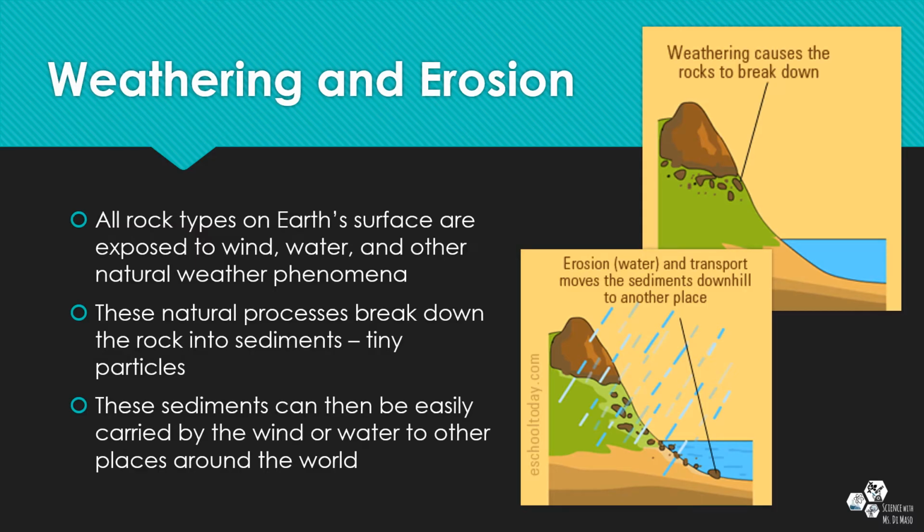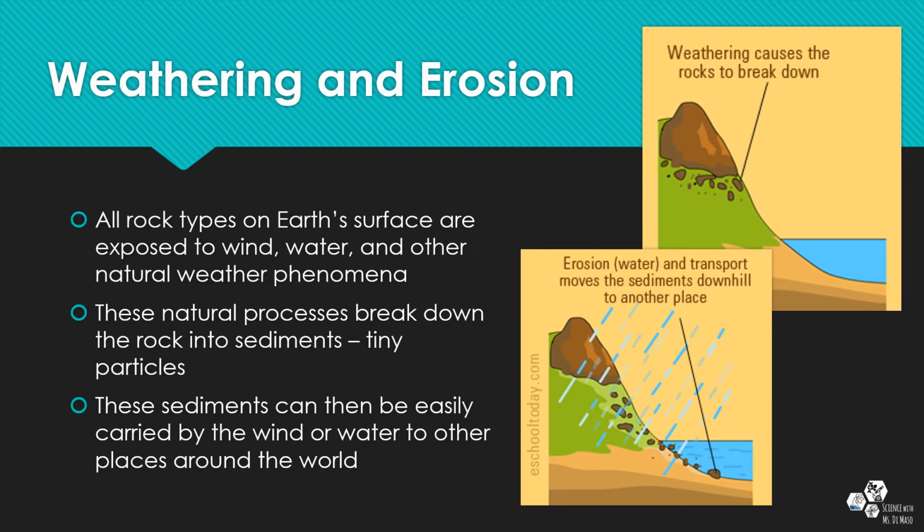The second process of this rock cycle is weathering and erosion. So the rocks that we already have on the surface of the Earth can be in the form of igneous, sedimentary, or metamorphic. And all three of these rocks are constantly exposed to natural pressures, things like wind and weather and water and rain.